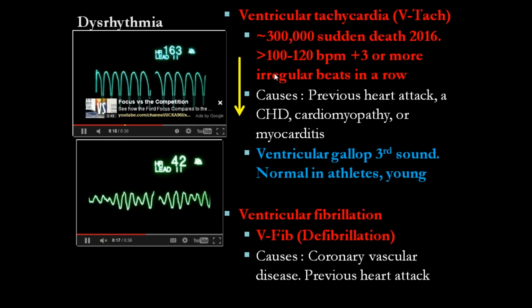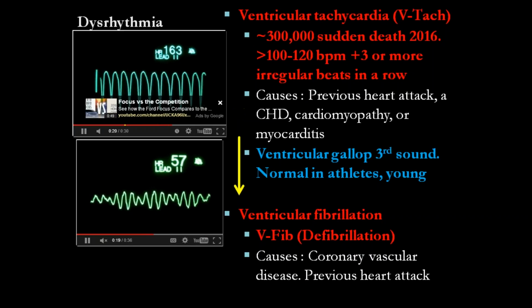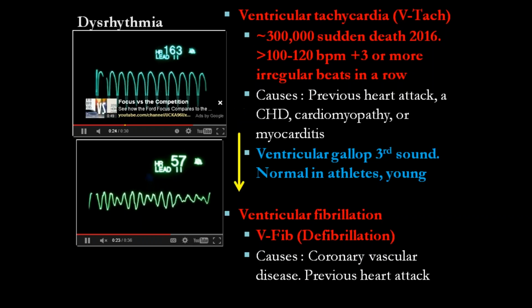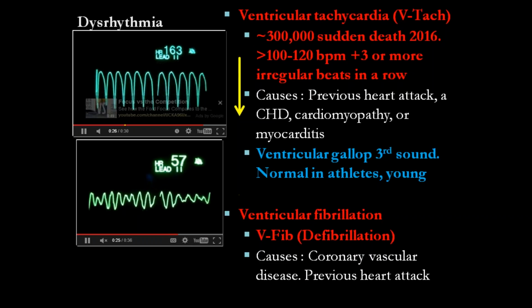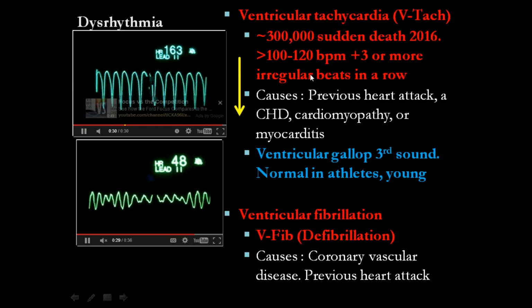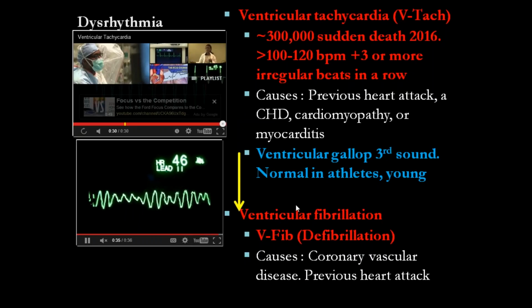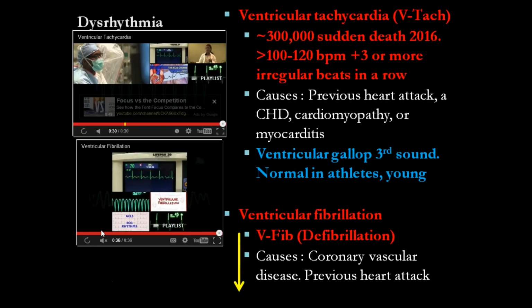This arrow is telling you that you can start with VTach and then end in VFib. Either of these can lead to sudden death. But the most dangerous of all is ventricular fibrillation. All right, so let's keep going.